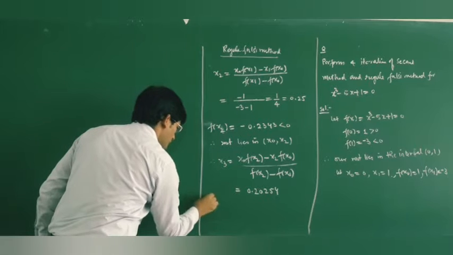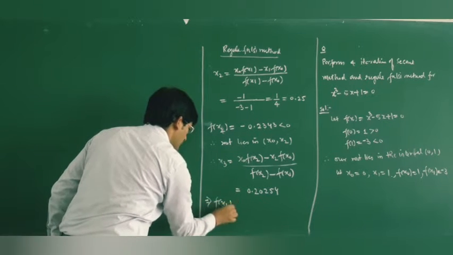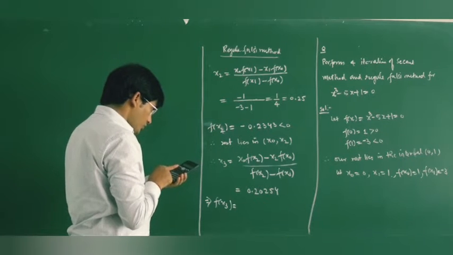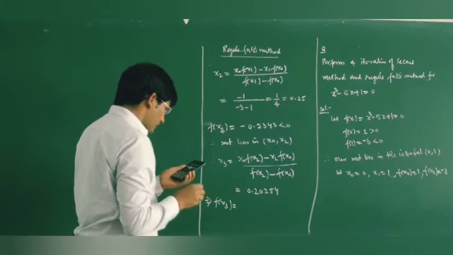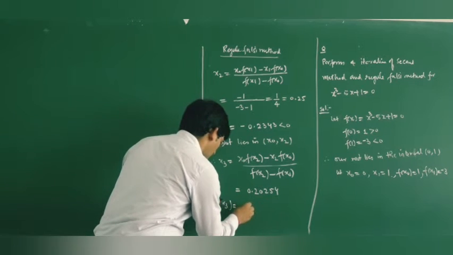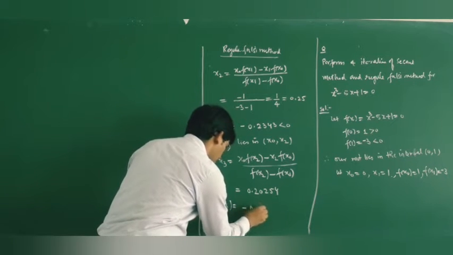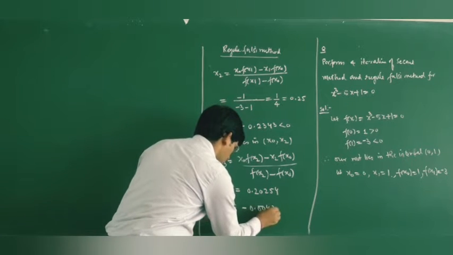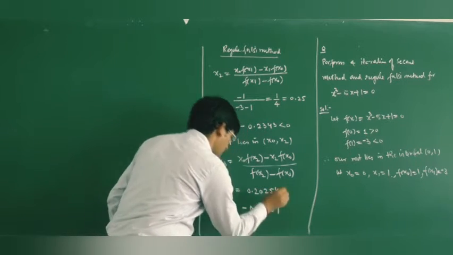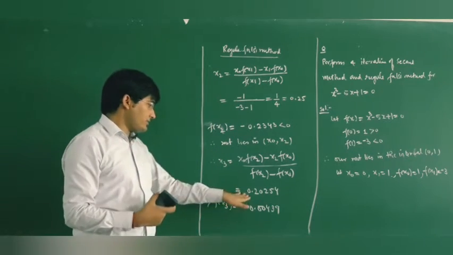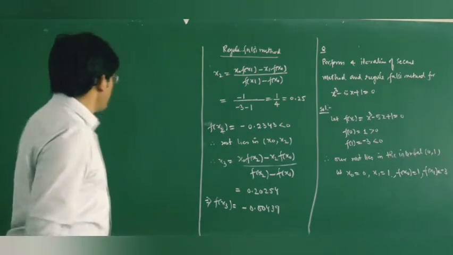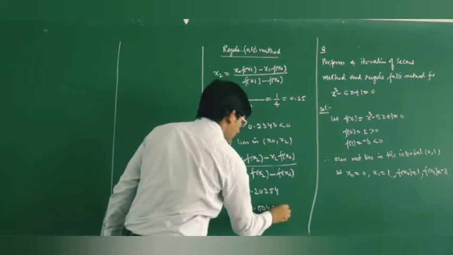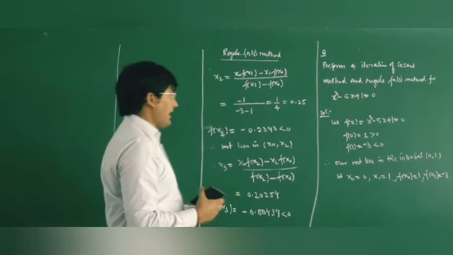Now the value of the function at this x3, 0.20254, is equal to minus 0.00439. Again you can see that this is negative.